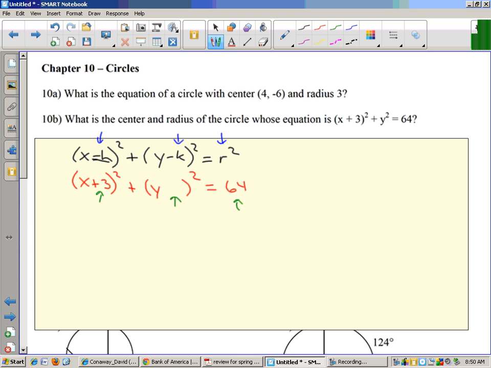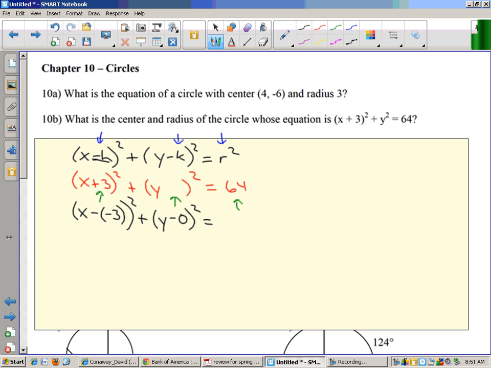So negative times negative is positive. So that means this is probably x minus a -3 squared. And here I've got this blank spot, but it was supposed to be minus k. So what could I put in there that's negative or minus that would leave a blank spot? Yeah, 0. And then this is r squared equals 64.